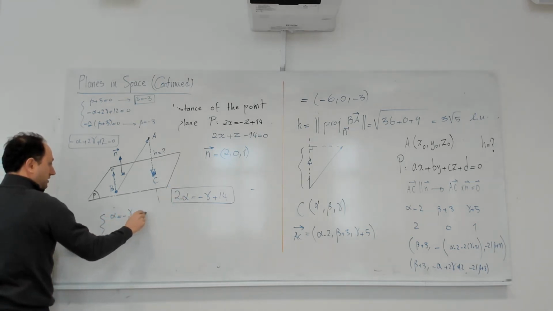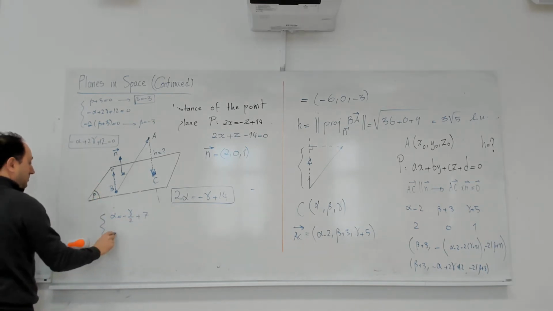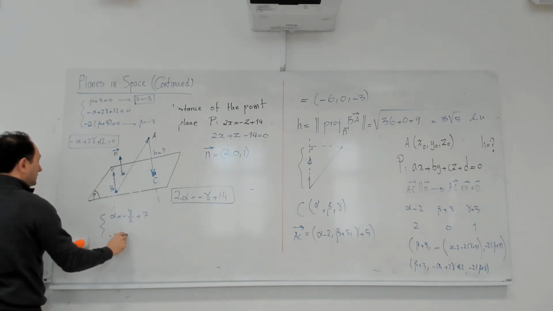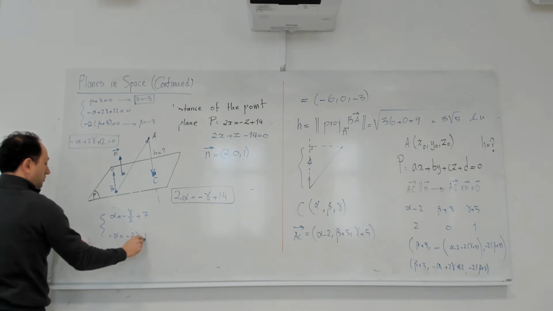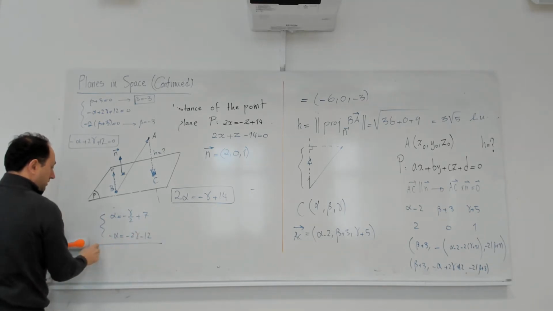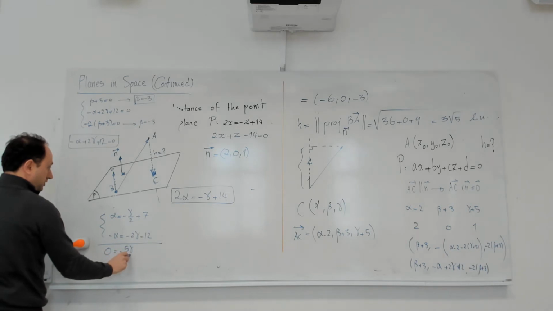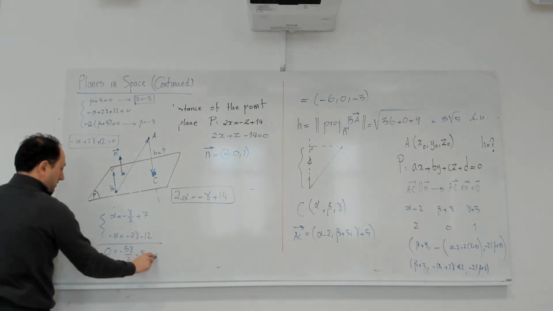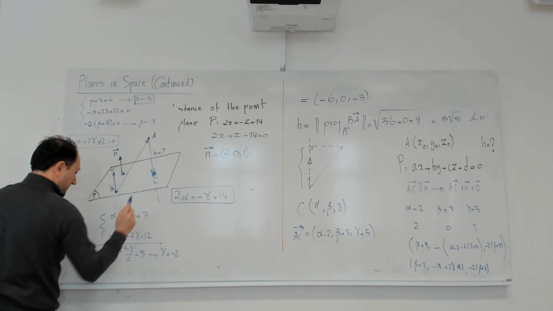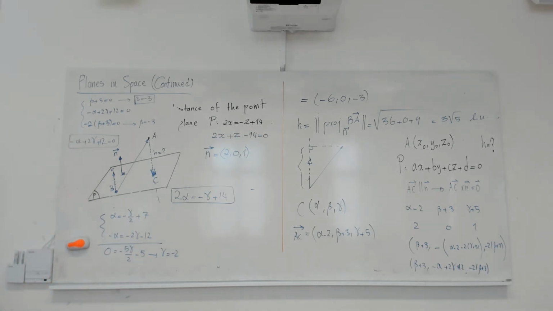Usually I hate fractions, but let us leave it like that here. Minus alpha is equal to minus 2 gamma minus 12. And if I add them together, this becomes 0, and this becomes minus 5 gamma over 2 minus 5. So what is gamma? Gamma is minus 2. Yes?